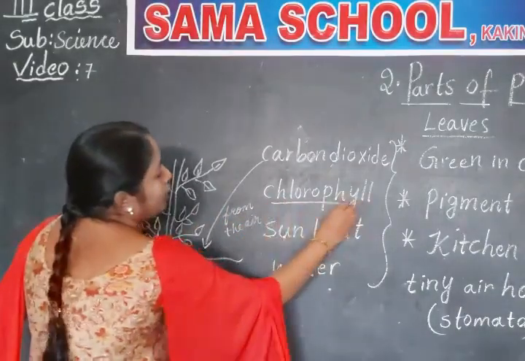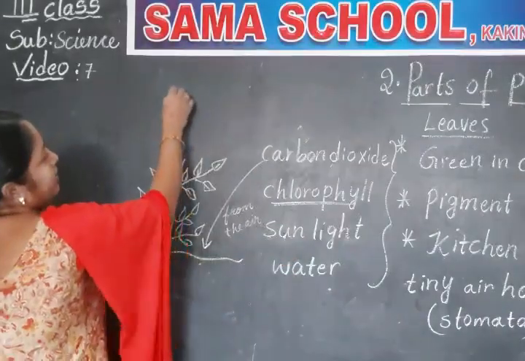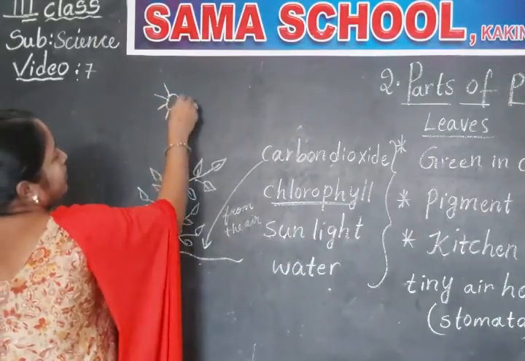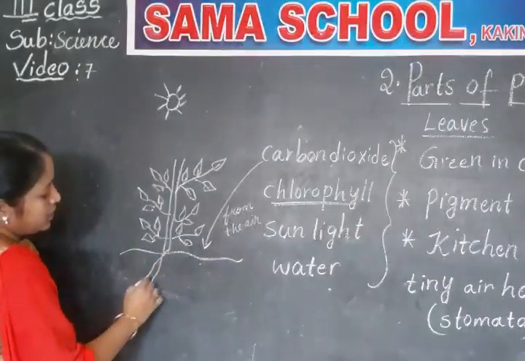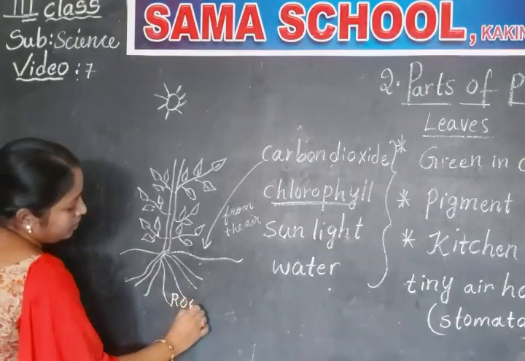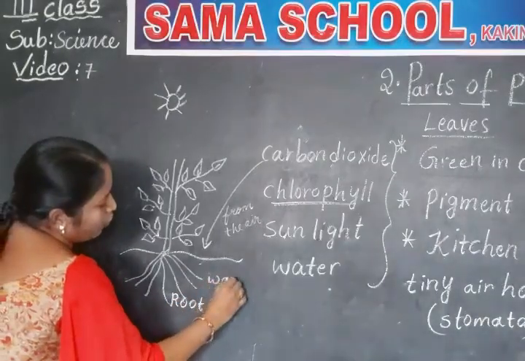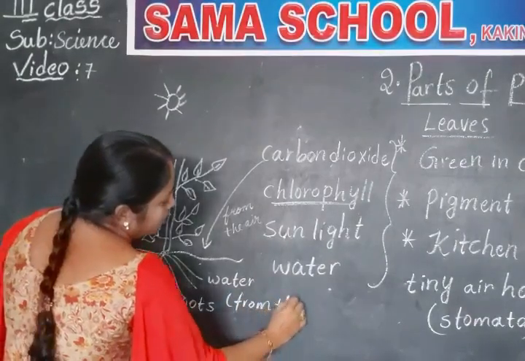And chlorophyll is already present in its leaves. And sunlight, and water. The roots absorb water from the soil.